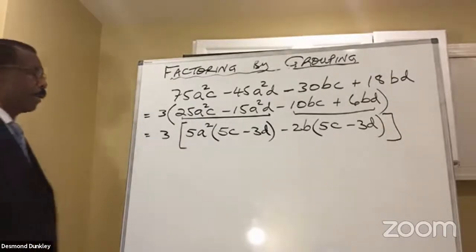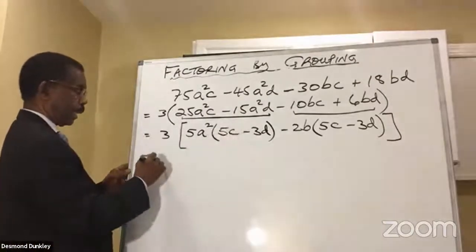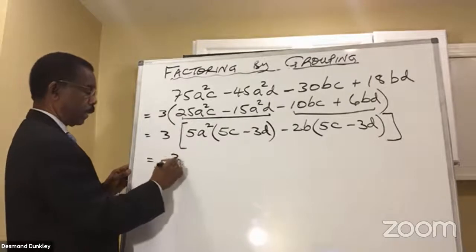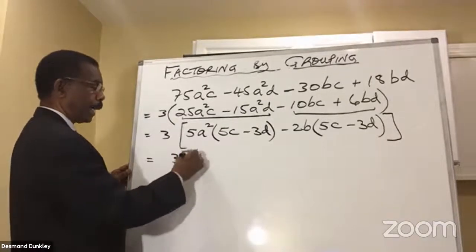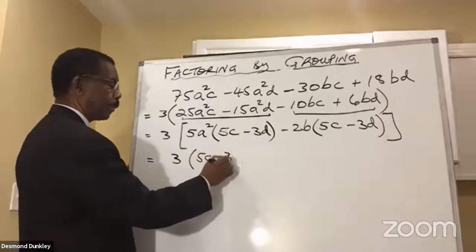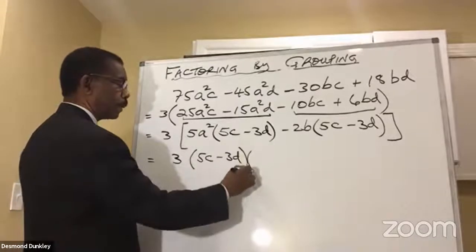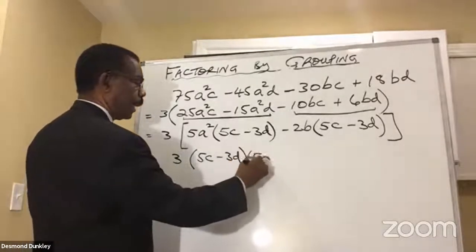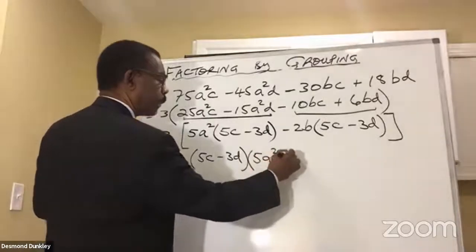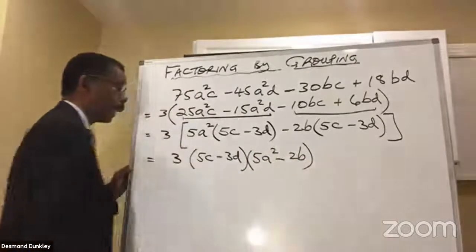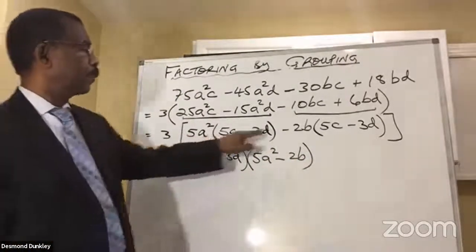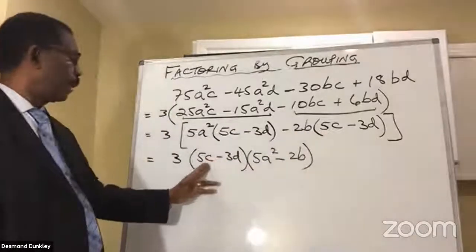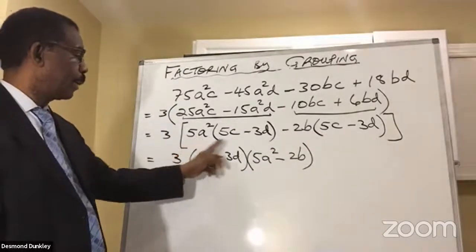And now we can put this together and we end up with 3, 5c minus 3d times 5a squared minus 2b. Again, what did we do? These two are common. So we back it out right here, and what is on the outside goes here.